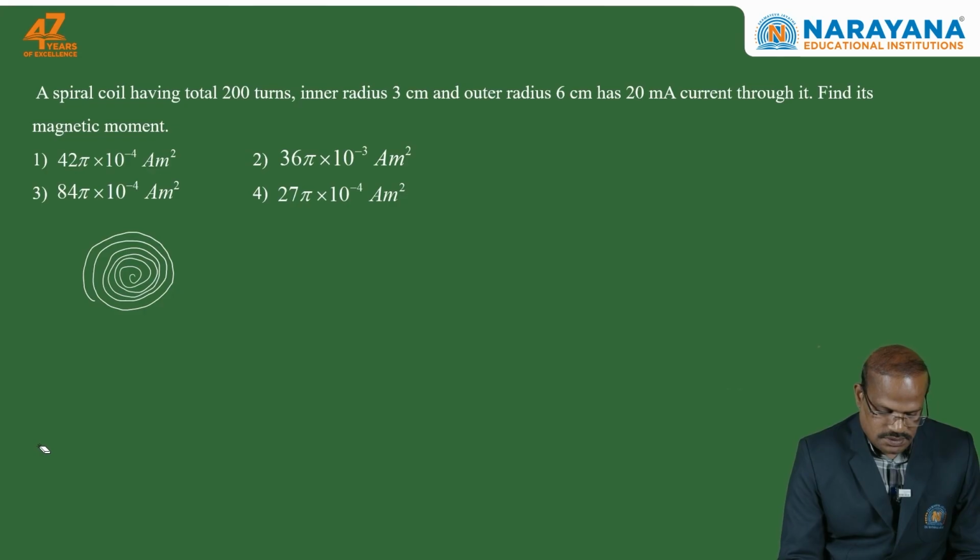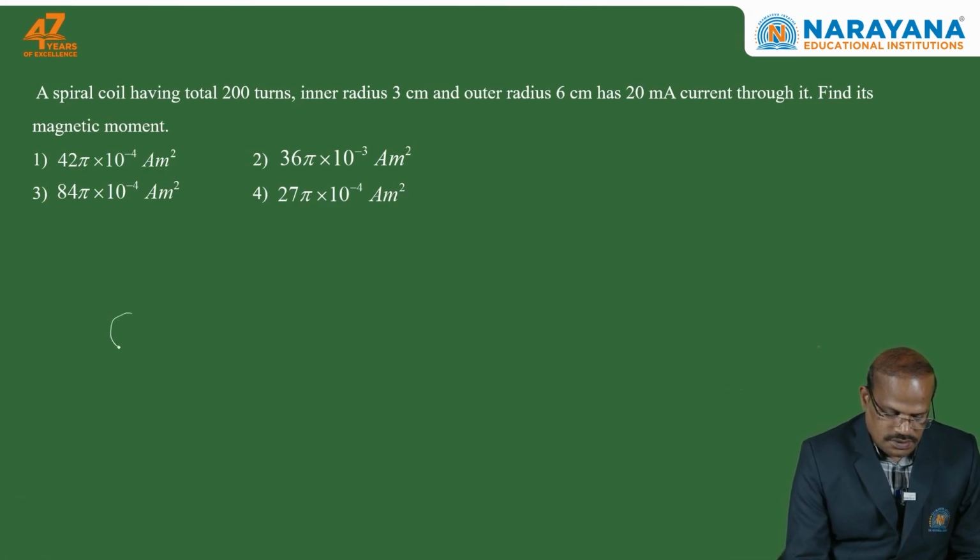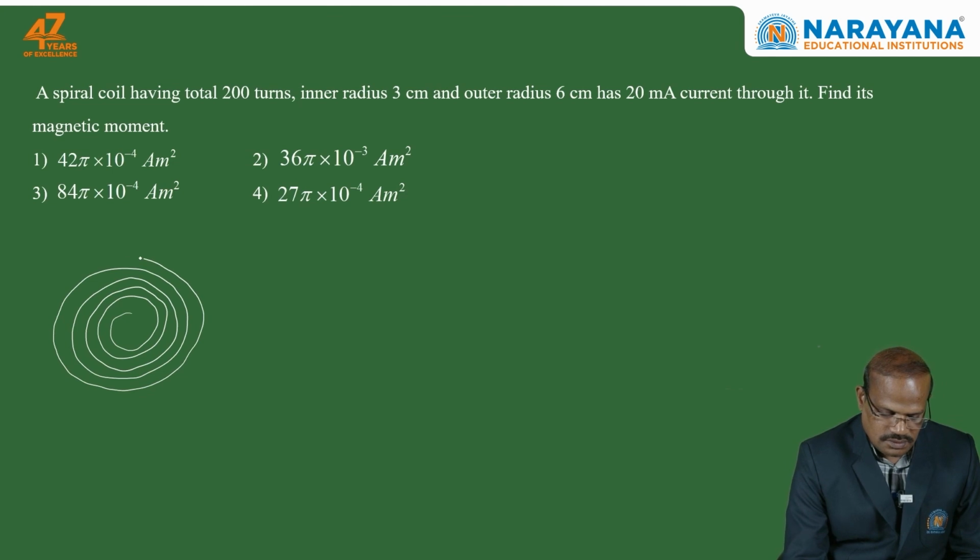Okay, if you see this spiral coil, let us draw this again. So this is a spiral coil like this. Here the inner radius of this is R1 and the outer radius of this is R2.